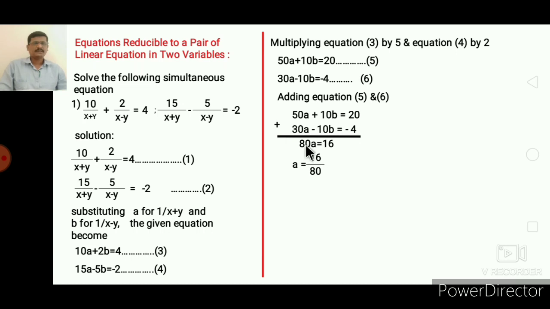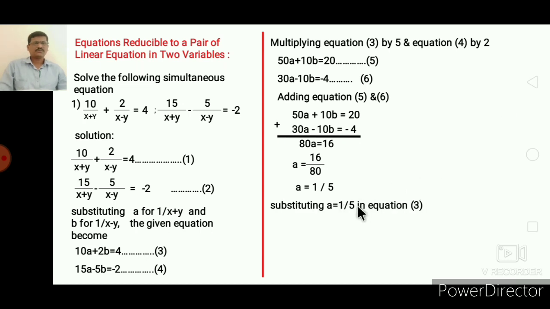This 80, transfer 80 to the right hand side. Therefore, multiplication becomes division. Therefore, a is equal to 16 upon 80. 16 ones are 16 and 16 fives are 80. Therefore, a is equal to 1 upon 5.